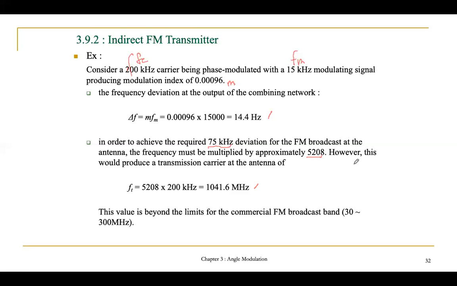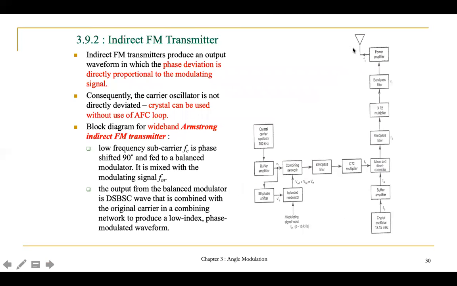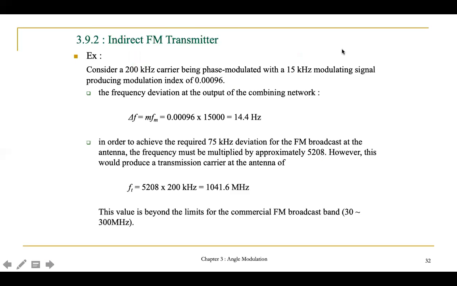Okay, so basically what this example explains is that for FM broadcast, again, you need to achieve a 75 kilohertz deviation at the antenna. Since your carrier signal is 200K, in order to achieve 75K at the antenna, you need to multiply by approximately 5,208.